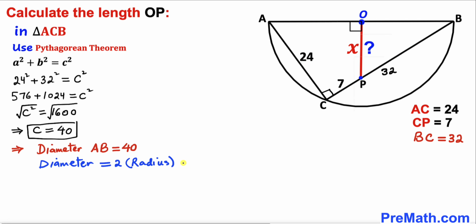And we know that the diameter equals 2 times the radius. So the radius, which I am going to call OB, is equal to half of 40, which is 20. So this side OB turns out to be 20 units.